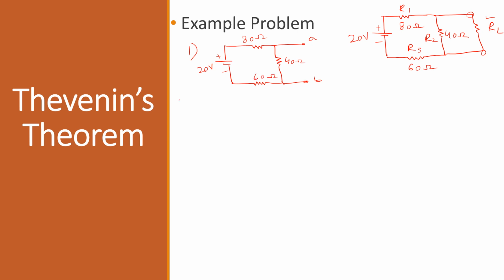Now in the second step, you have to solve for VTH. This VTH is the Thevenin voltage, which is the voltage between these terminals A and B. In this case, as you can see, this is a closed loop where the voltage between these terminals A and B, that is VAB, is equal to Thevenin's voltage, that is VAB equals VTH, and it is also the voltage drop across this 40 ohms resistor as they are connected in parallel.